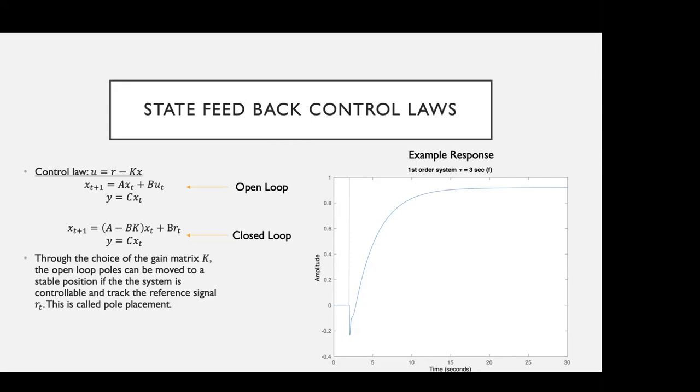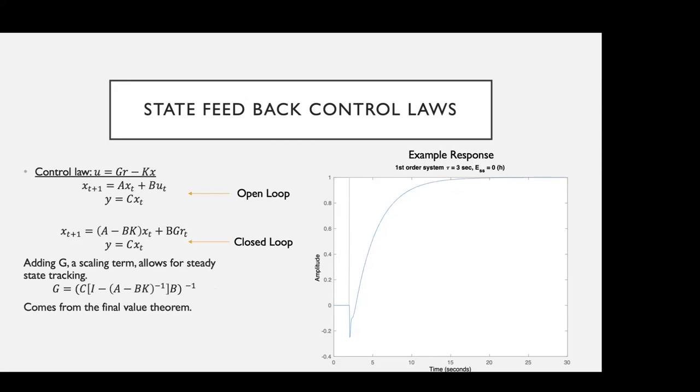So if we modify this control law to now include G, which is a scaling term, we can eliminate steady state error. And that just basically affects the input B. So you still have the same system, A minus BK, and then plus BG. So again, you have your open loop dynamics, which is just defined by the eigenvalues of A. Then you have your closed loop dynamics, which is defined by the eigenvalues of A minus BK.